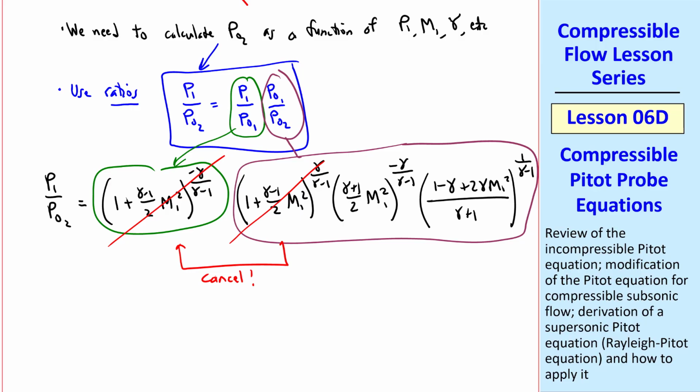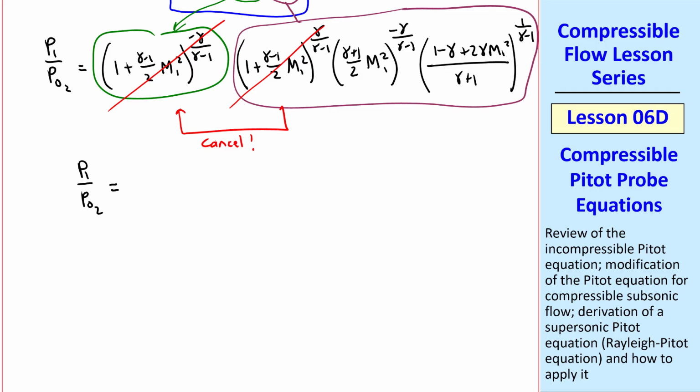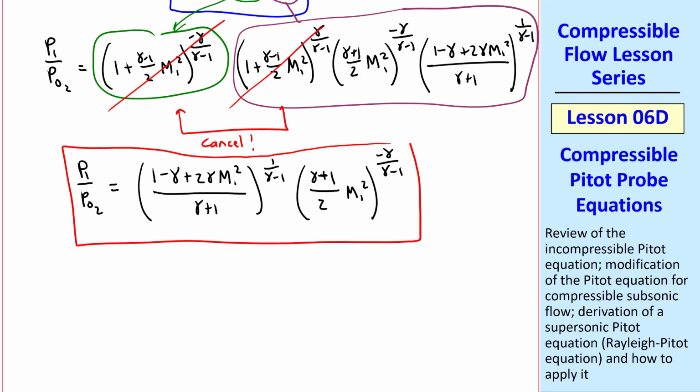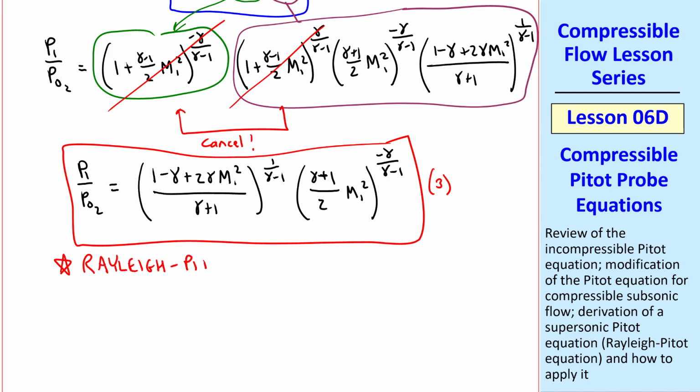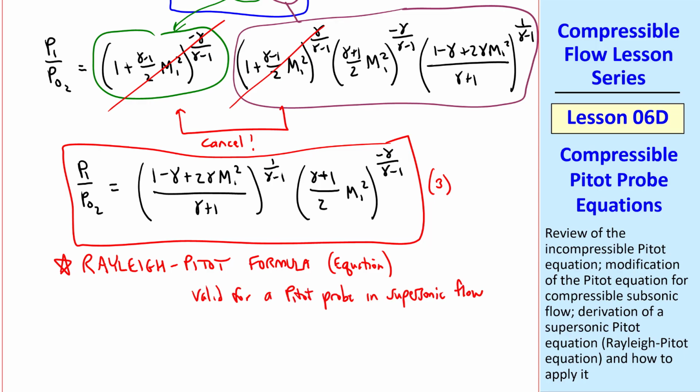So our equation reduces to just this portion of our equation for P0 1 over P0 2 across the shock. Let's rewrite this equation then in its final form, and I'll call this equation 3. This is called the Rayleigh-Pitot formula or equation, valid for a Pitot probe in supersonic flow.